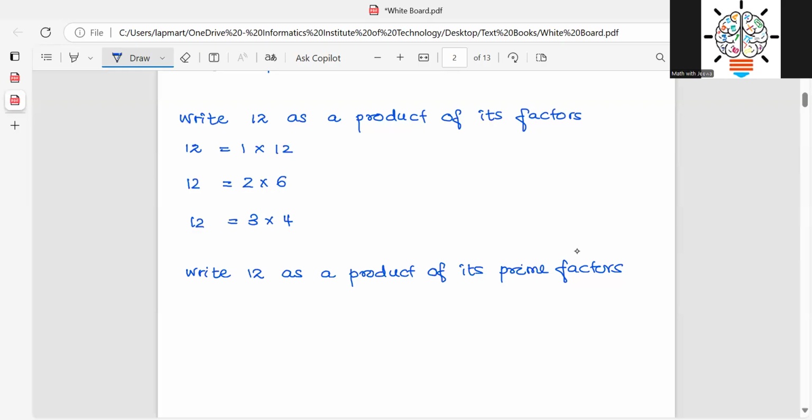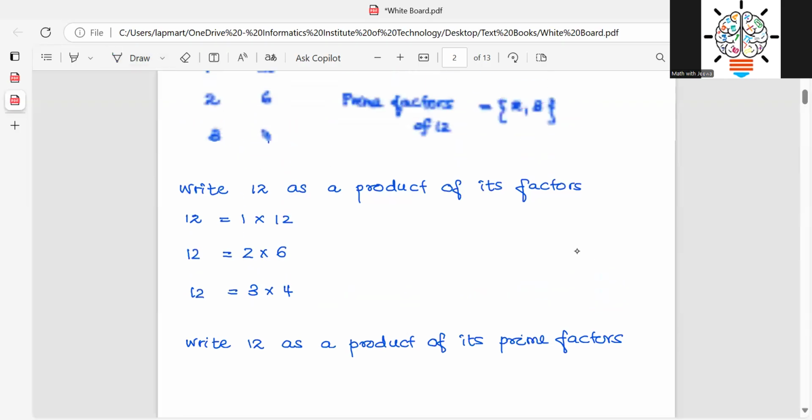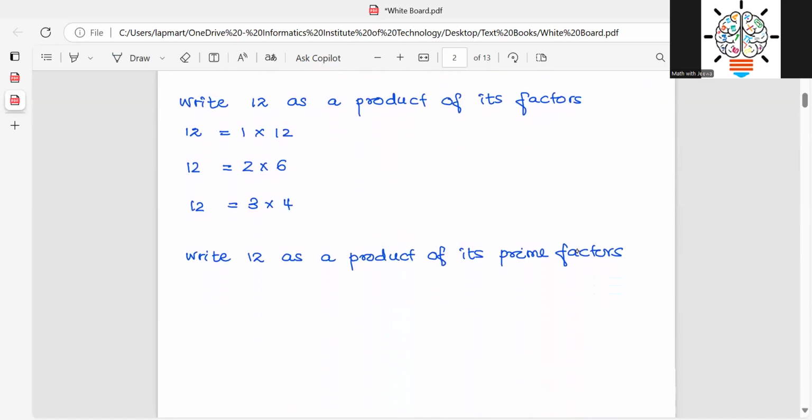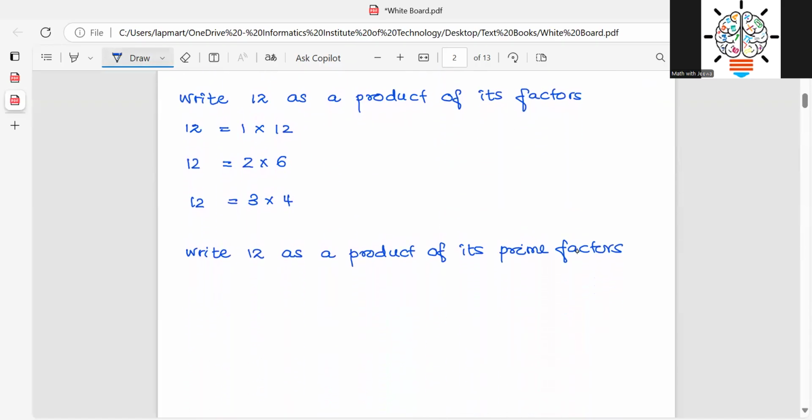But here in the second example, now I'm asking you to write 12 as a product of its, not the factors, the prime factors. That means you can take only the prime factors here. We know the prime factors of 12 are 2 and 3. So what we do, we take in the working column like this, 12, I divide by 2.